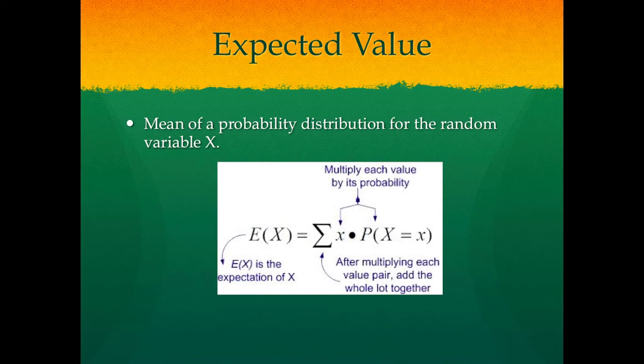So if your value is the sum when you roll two dice, you would take each sum, multiply it by the probability of that sum happening, and then add all of those up and you would get the expected value, or what you would expect the sum to be, the average sum.